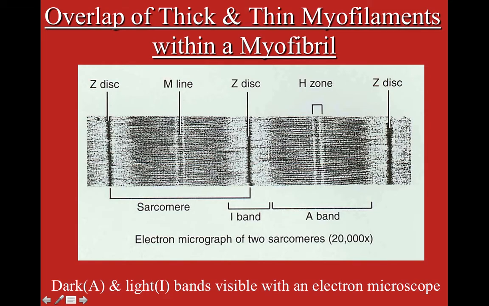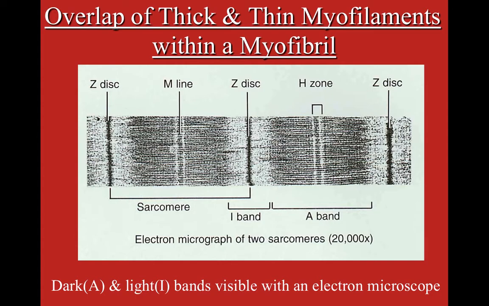The H zone, recall what that was. That's the zone between overlaps of the actin and myosin filaments. And this is an electron micrograph, so it's not exactly a microscope, it's an electron microscope image.